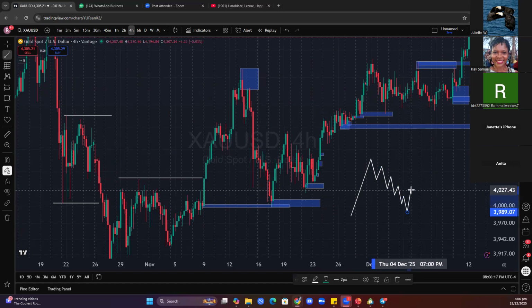Then we confirm basically that we're gonna push back up when we get this break. When price stops following this flow, this low, this high, this lower high, this lower low, this lower high, this lower low, this lower high, then this lower low, and price breaks above that.